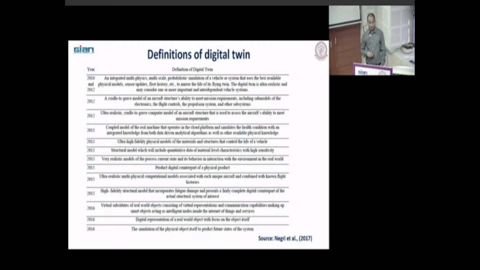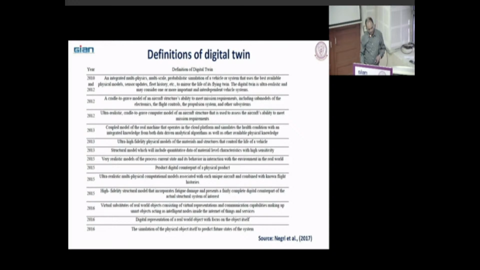If you want to see some other definitions for the digital twin, you can find them here. I have just given them for your information, but some important definitions we already discussed. You can see the simulation of a physical object itself to predict the future state of the system, or, second last, a digital representation of a real world object with focus on the object itself, the product's digital counterpart.